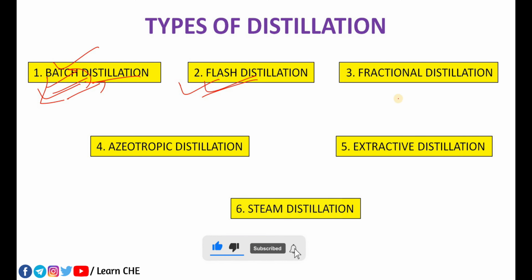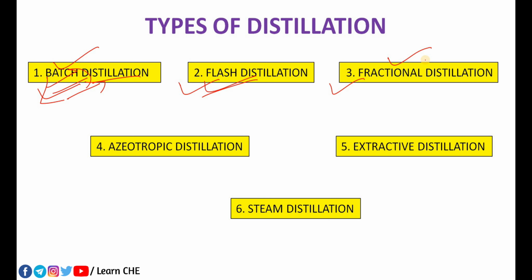And after that there is fractionation or fractional distillation. This is also known as rectification. In this distillation we get different fractions of product, like in a refinery we get LPG, then other fractions like naphtha, kerosene, diesel, lubricating oil, and waxes.